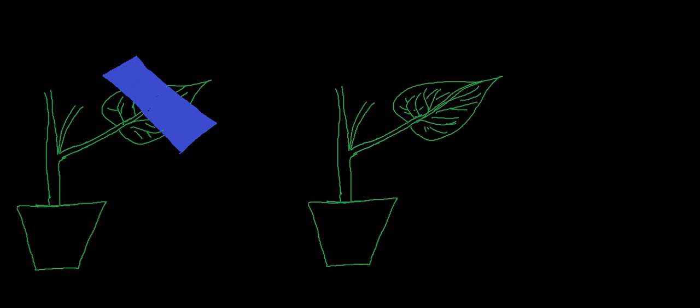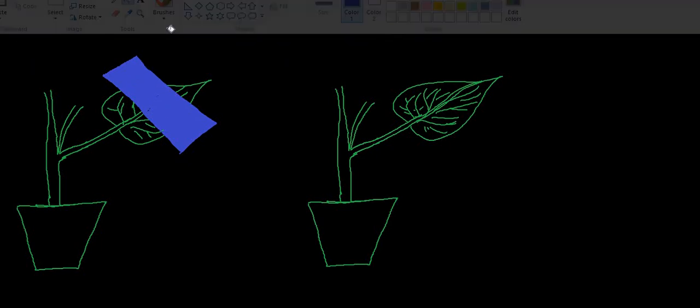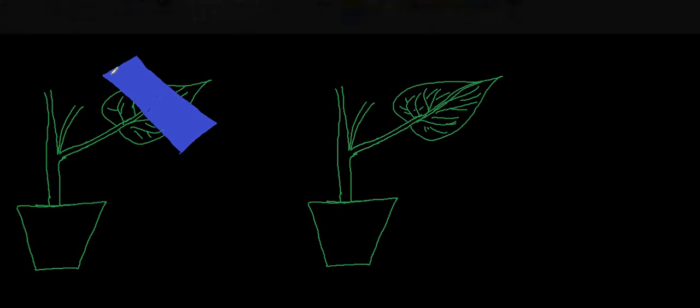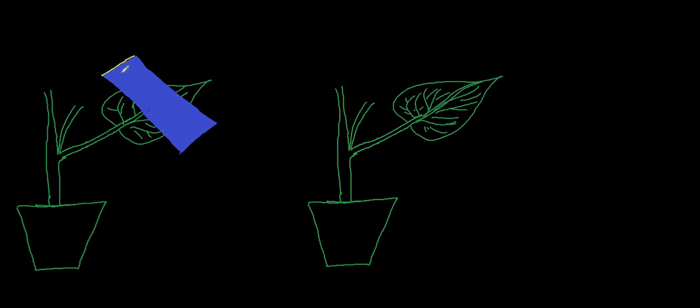This is a cobalt chloride paper and it requires to be fixed, and the fixing is done with the help of a glass slide. So I am placing a glass slide on the top so that it does not move. Afterwards I am going to apply a grease.